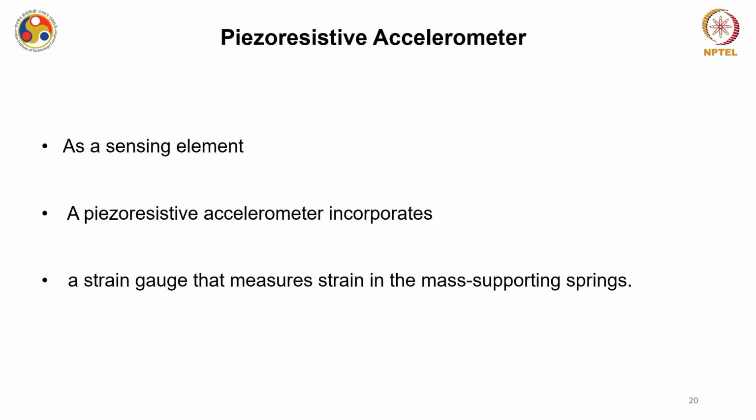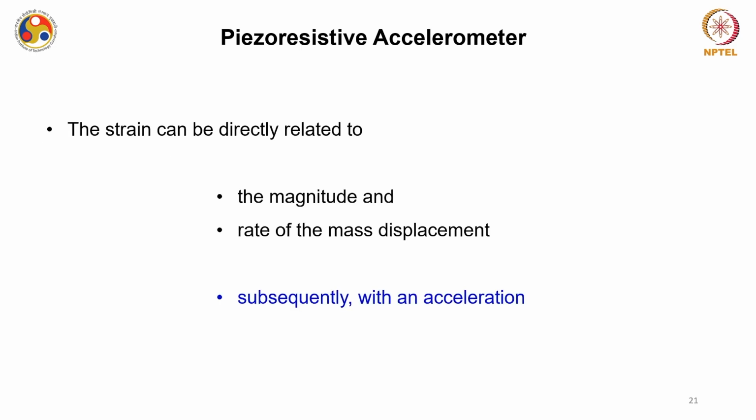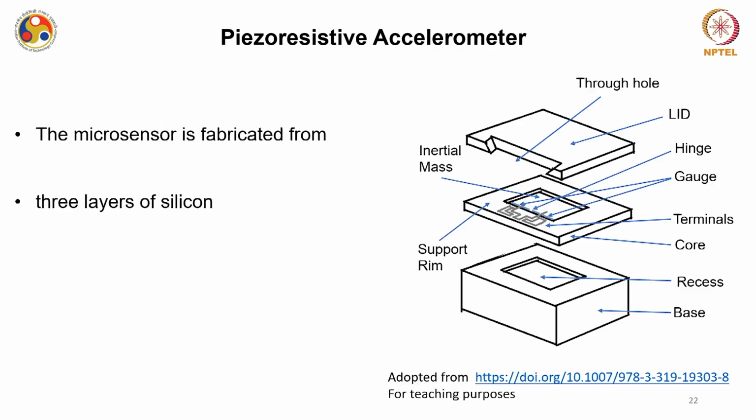As a sensing element, a piezoresistive accelerometer incorporates a strain gauge, which can be glued also, like any other strain gauge based device. It measures strain in the mass supporting springs. The strain can be directly related to the magnitude and rate of the mass displacement, and once you have this mass displacement calculated, you can of course calculate the acceleration.